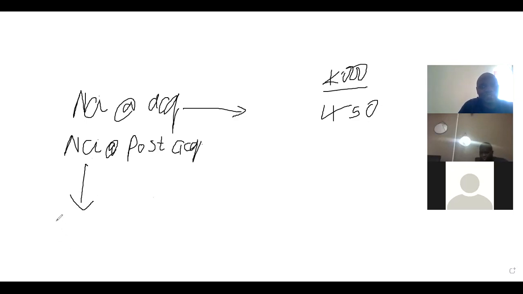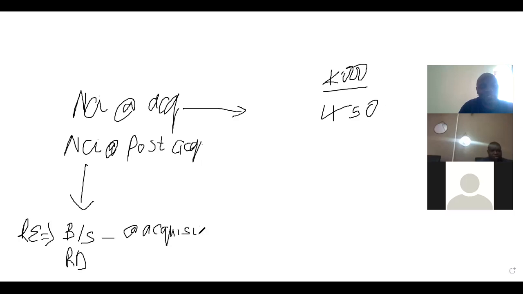You look at the RE, which is retained earnings, in the balance sheet, which is basically at report date, at RD, less retained earnings at acquisition, which the examiner will give you.